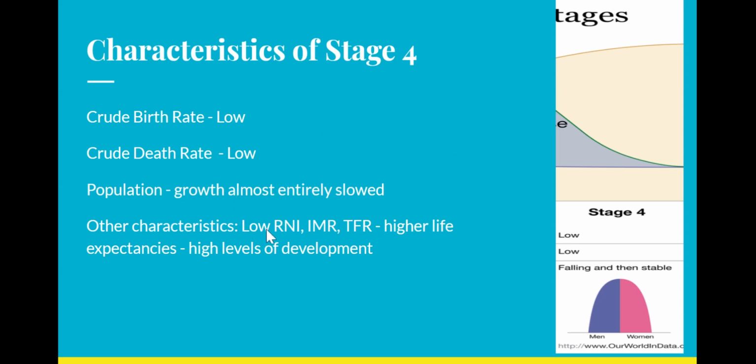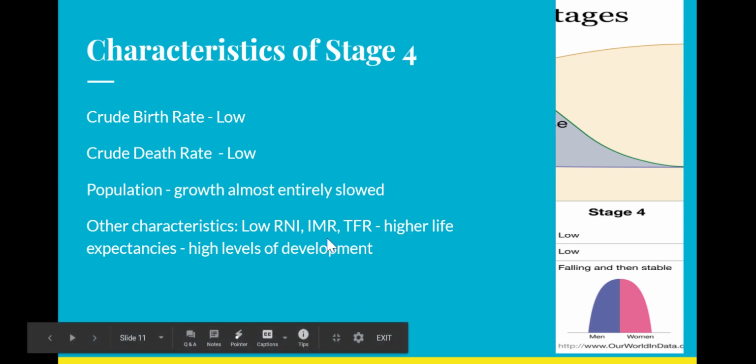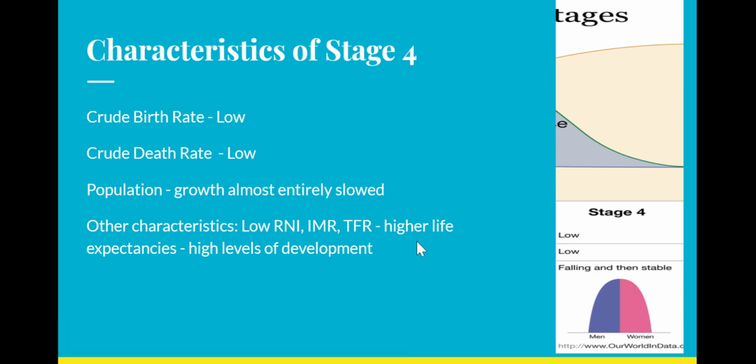So other characteristics: we have low rates of natural increase, oftentimes below 0.5%, or sometimes even into the negatives as countries start to have birth rates that are permanently lower than death rates and maybe start to decrease in population. Low infant mortality rates, low total fertility rates, oftentimes below 2.2 or 2.1, and higher life expectancies. So these are countries that we would often call more developed countries.